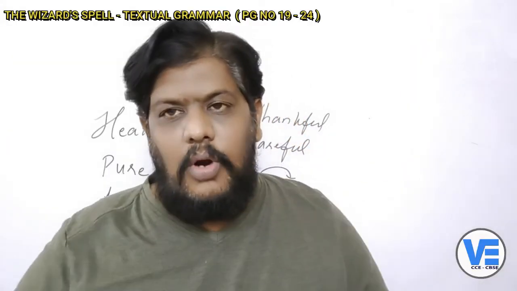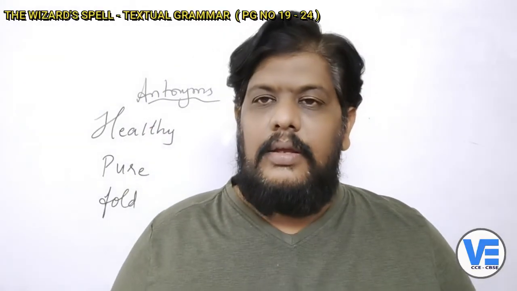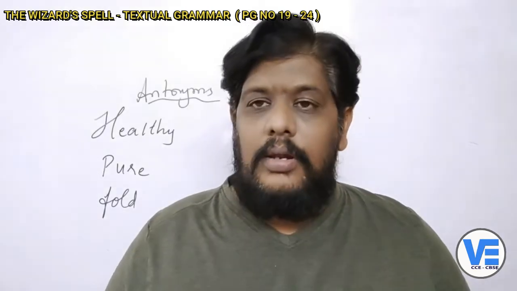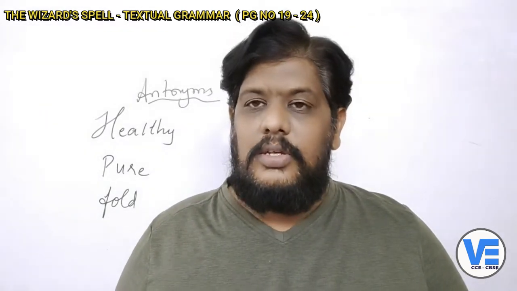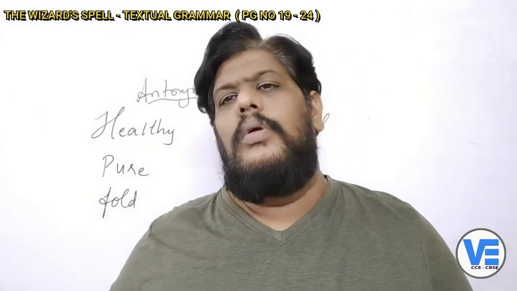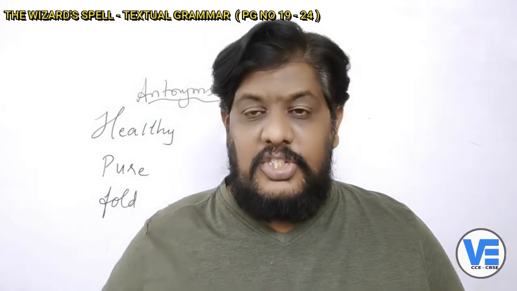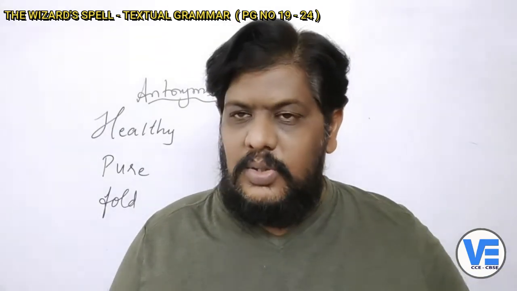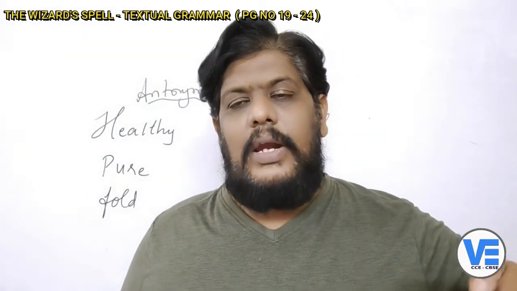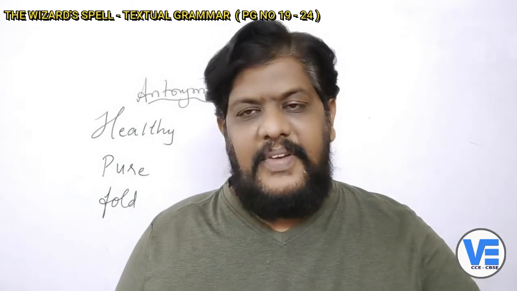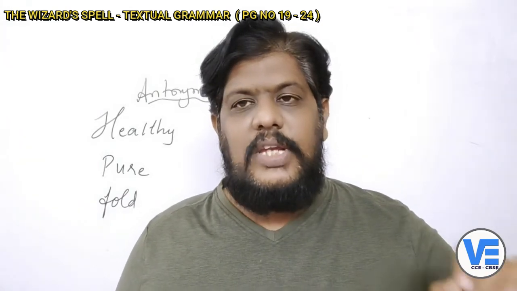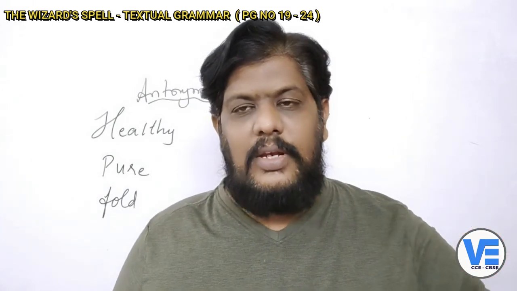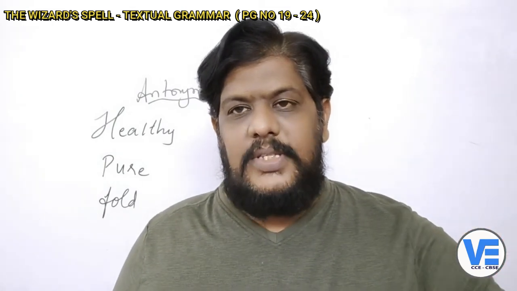We already know the antonym of good is bad, tall is short, long is short, generous is miser. Like this we know several antonyms already. So now we will try to learn the suffixes and prefixes which will change a word into an antonym or opposite word.